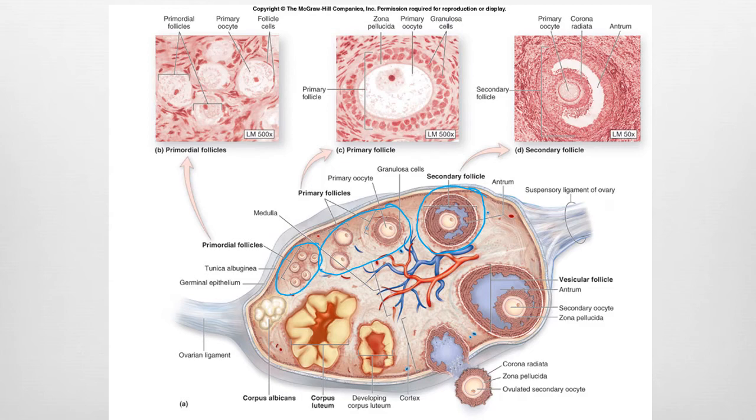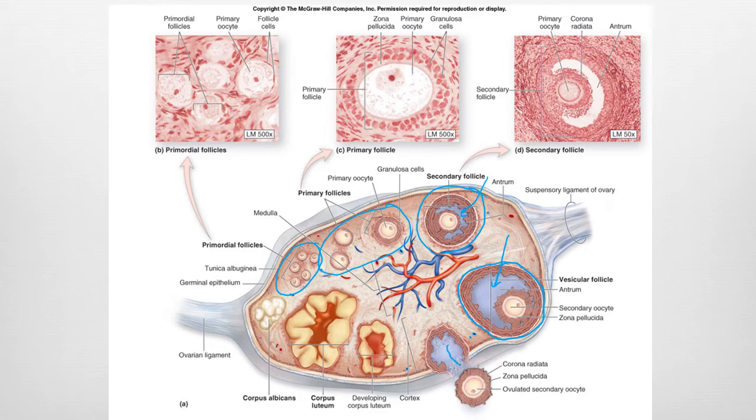With the secondary follicle, we start to see this empty space inside here, the antrum. So that antrum is going to continue to grow. It's filled with fluid. And once that follicle becomes large enough, we then have a vesicular follicle or a Graafian follicle, a mature follicle. And at ovulation, that follicle is going to rupture.